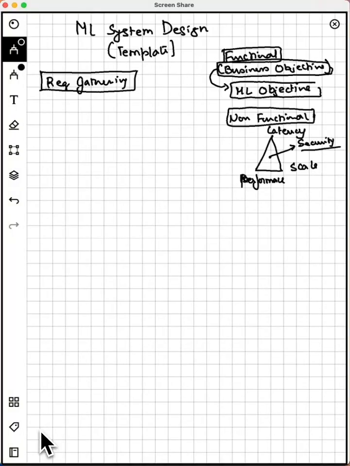Okay, looks fine. Yeah, so under the requirement gathering, we are talking about the functional and the non-functional requirements.